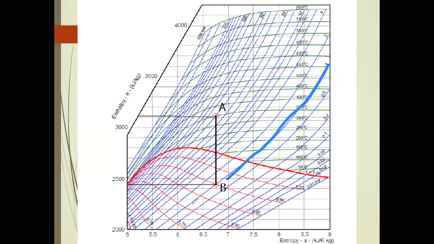To get the B point, we draw a perpendicular line from A. The intersection point will be the B point. Clear?